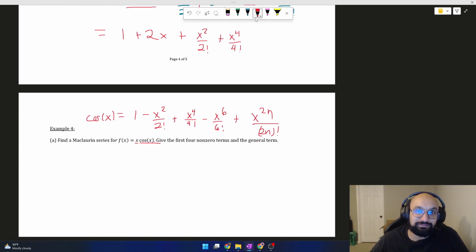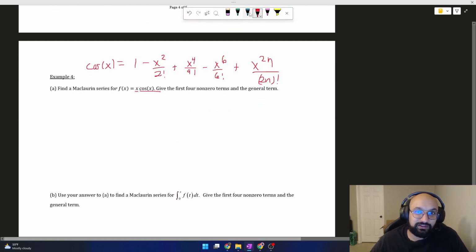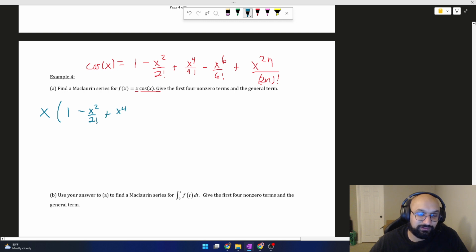X times the cosine of x would just be x times all of these things we wrote here. So that's 1 minus x squared over 2 factorial plus x to the 4 over 4 factorial minus x to the 6 over 6 factorial plus dot dot dot plus x to the 2n over 2n factorial.